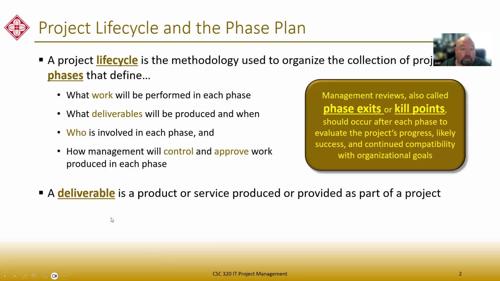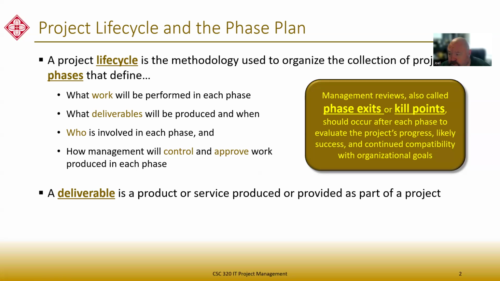Okay. All right. Now, every single phase has an ending. At the ending, we have to have some kind of measure to let us know, did we get there, right? Did we complete the thing that we said we're going to do? Okay. And so what we call these are kill points or phase exits or gates, any one of those terms that indicates I know when I'm done. Okay.